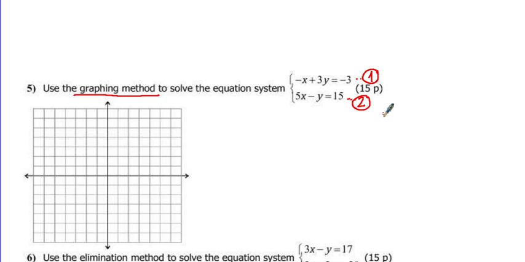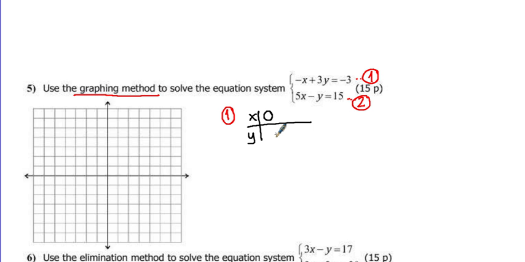To use the graphing method, we need to make tables. So for the first equation, we have to make a table, for x and y values. It's negative x plus 3y is equal to minus 3. So if x is equal to 0, what is the y value?